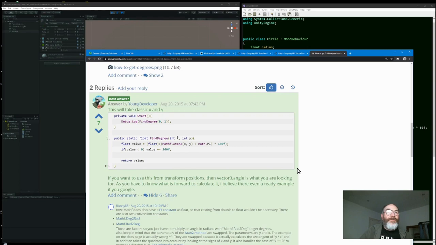Why are you taking integers? And then it uses the A tan 2 function. And notice it says x and y. It should actually be yx. It's had 7 upvotes. It's the best answer. Ew. Let's have a look at this best answer a minute.